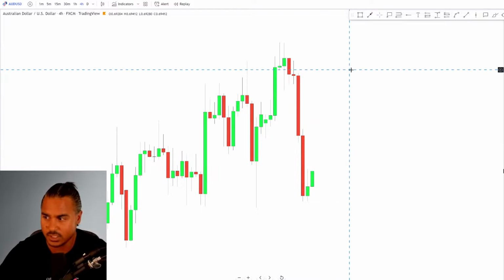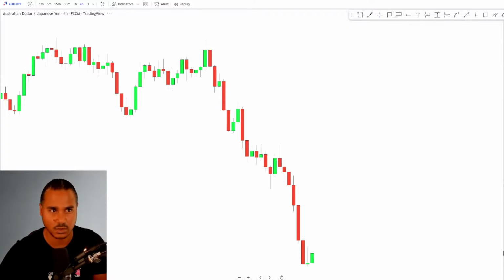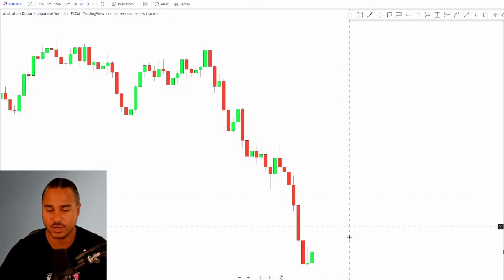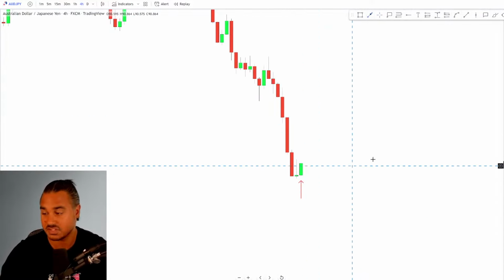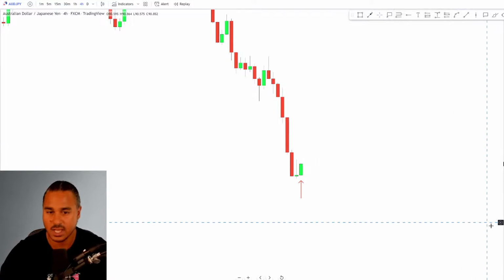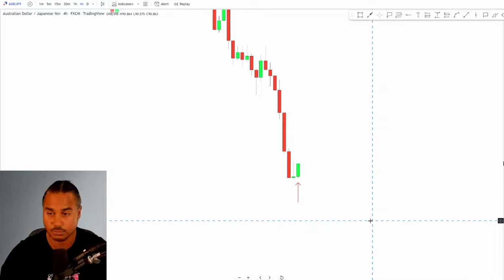So what I will be doing in this instance is taking a look at, let's say, Aussie dollar JPY. And what I want to see here on Aussie dollar JPY is a true reflection of that Aussie dollar strength by identifying some sort of synchronization in the market to indicate that the market conditions are pushing bullish.